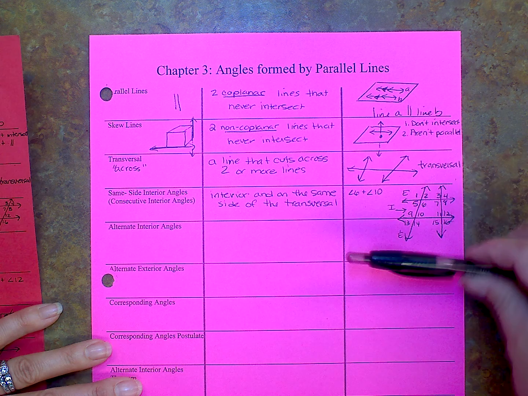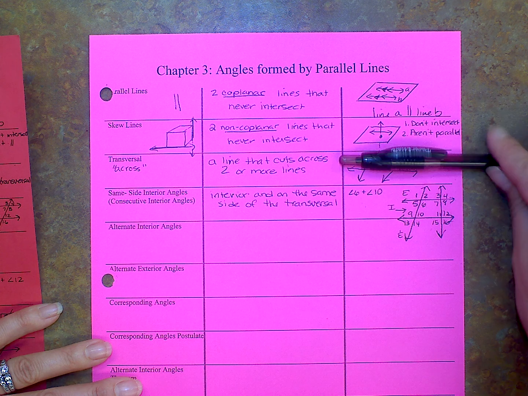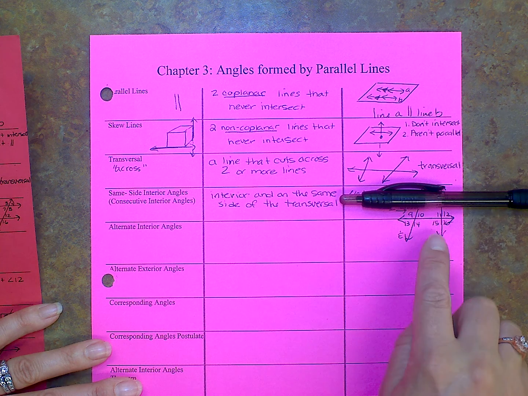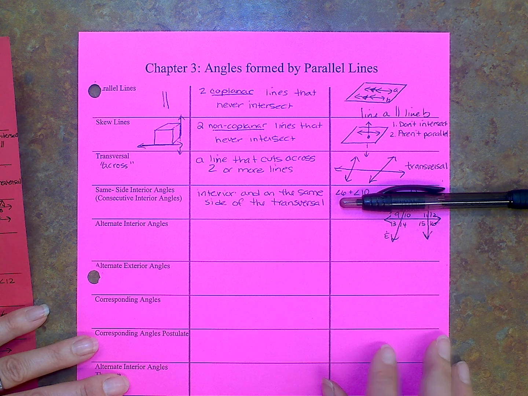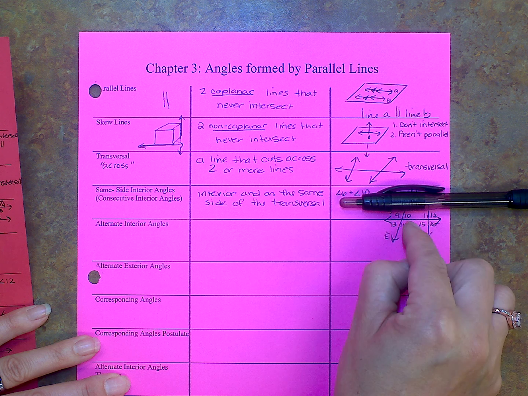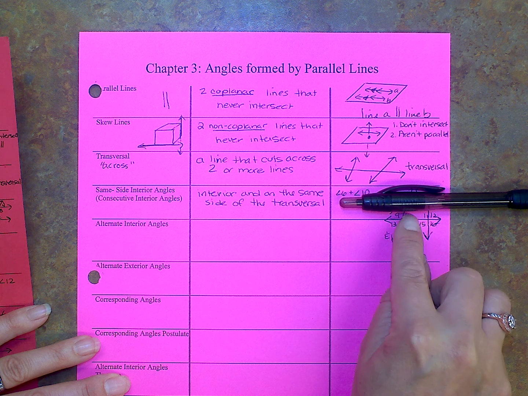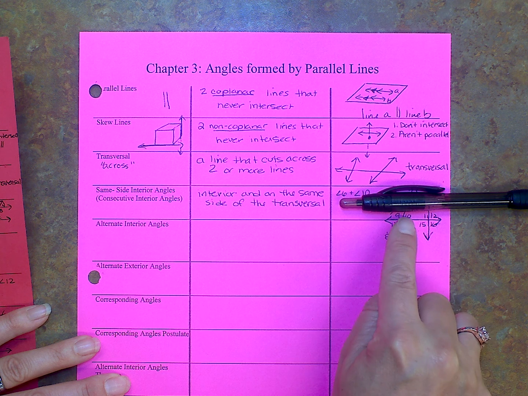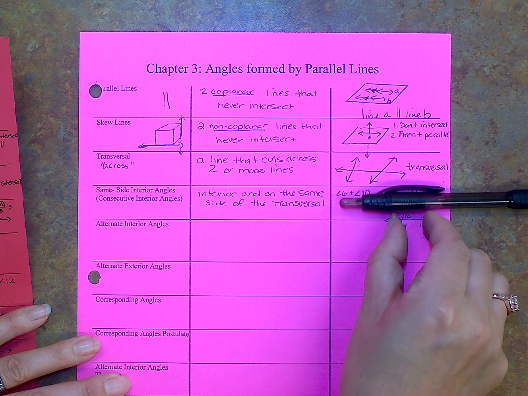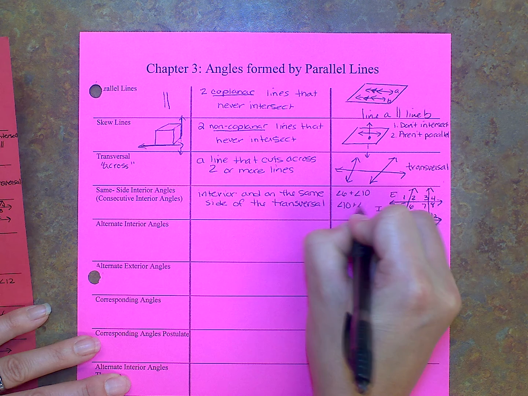Now if we switch the focus to, say, this bottom line being the transversal here, slide this over a little bit. So now these are the two things that divide the inside from the outside. So 10 and 11 are same side interiors because they are both on the top side of the transversal, but between these two lines. So angle 10 and angle 11.